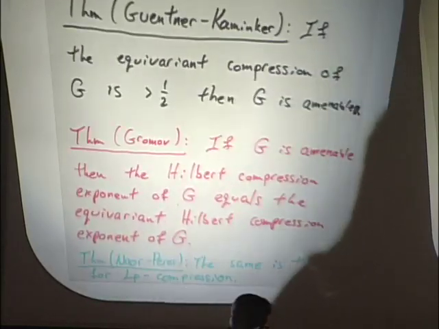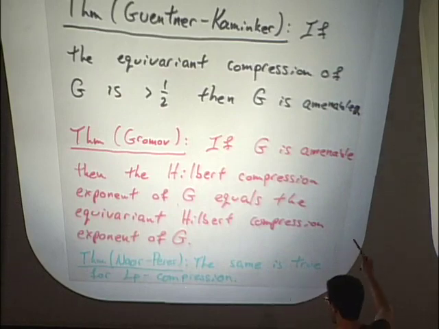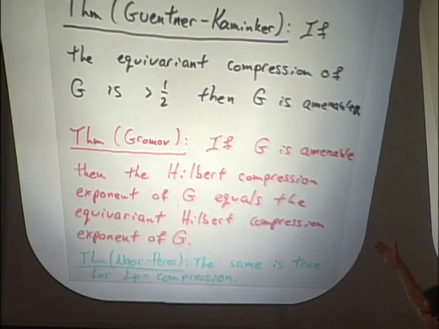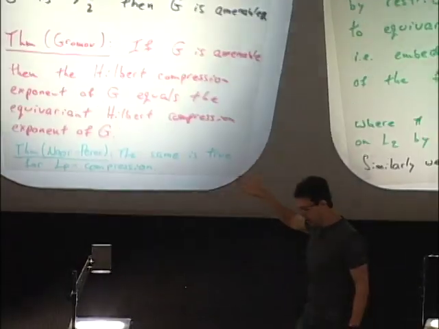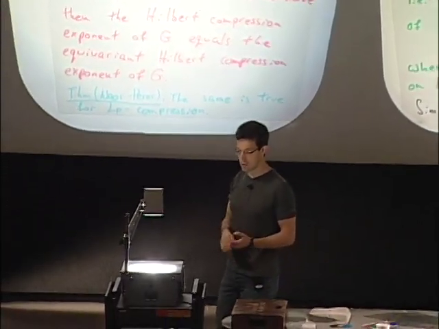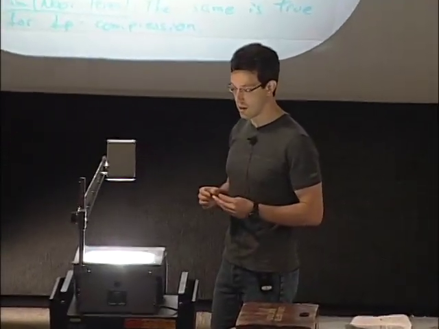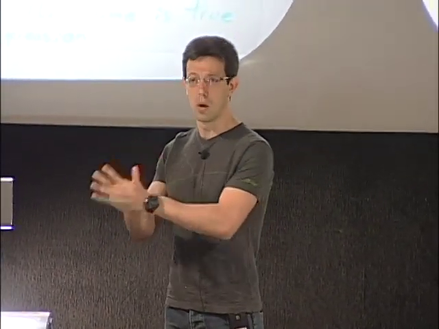So Gromov proved that for amenable groups, these two notions are really the same. If you look at the best possible embedding into Hilbert space, the one that gives the compression, you can ensure that it's equivariant. For amenable groups, there is an averaging argument which shows you that these questions are really about equivariant mappings.